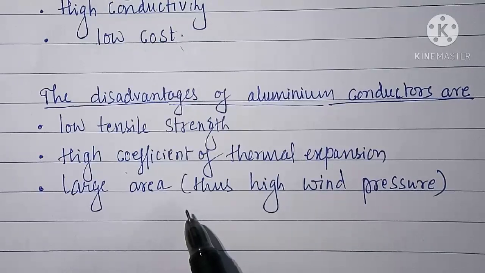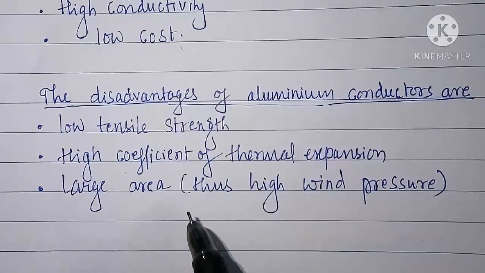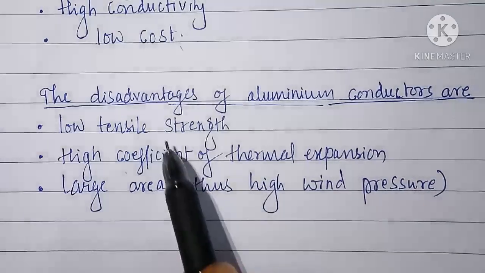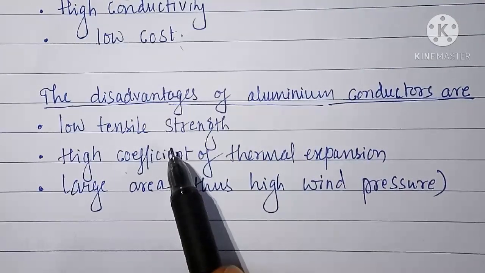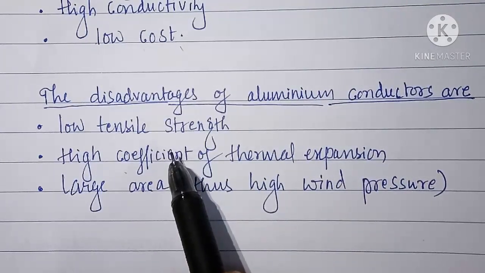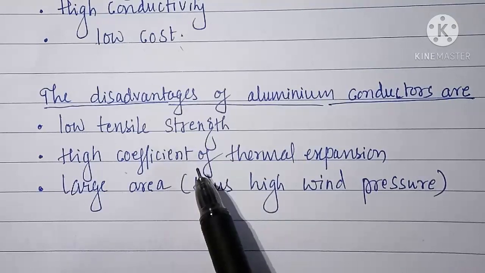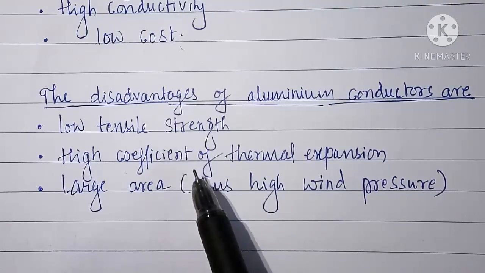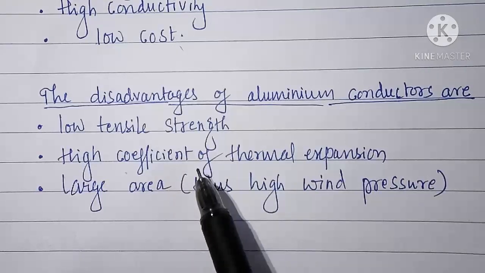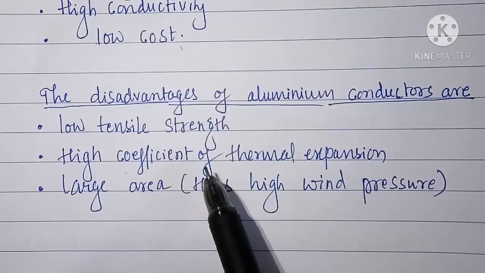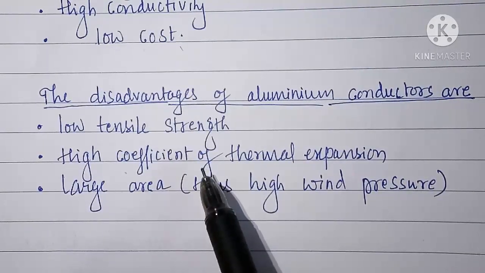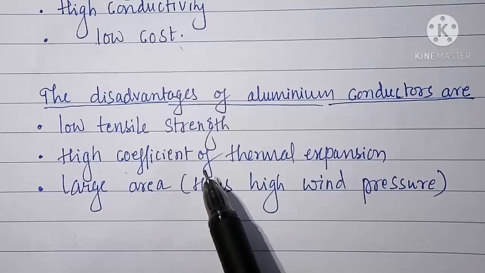To overcome these disadvantages, that is to increase the tensile strength, which is most required property of aluminum conductor, one or more central conductors of different material are used.